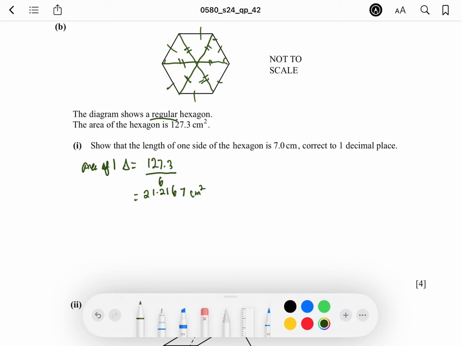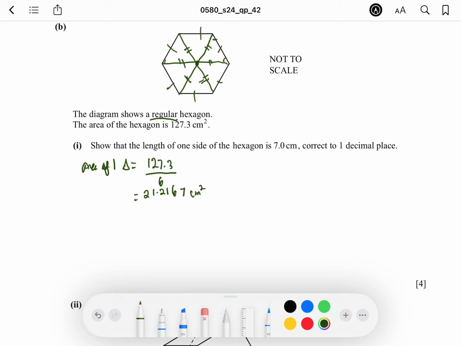Anything from there? That's the center. That means the angle at that point is 360.